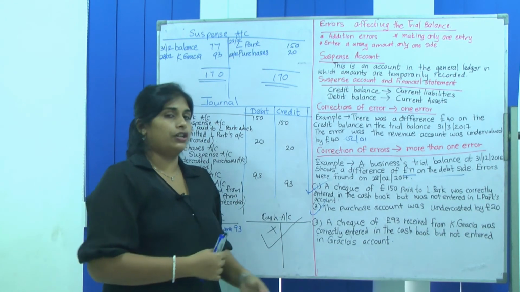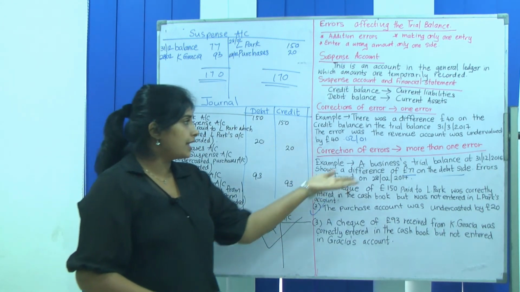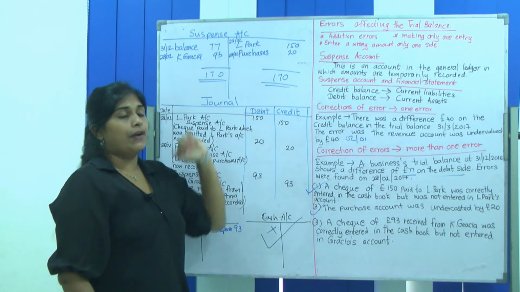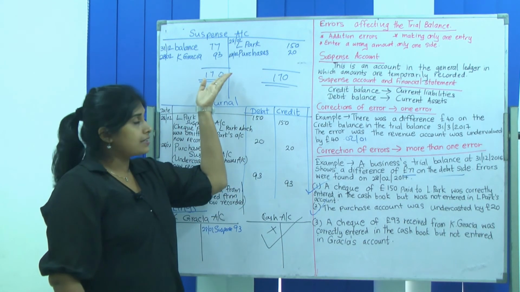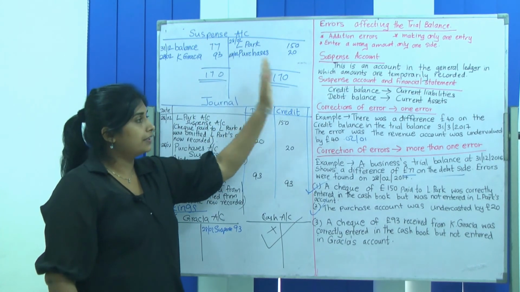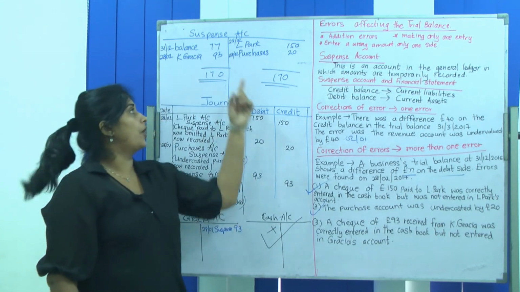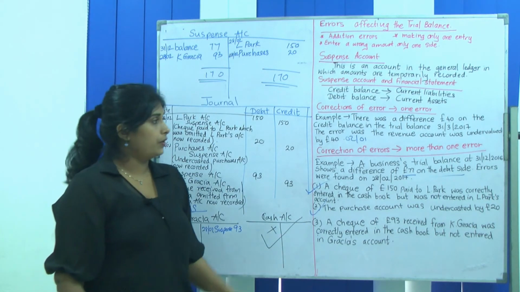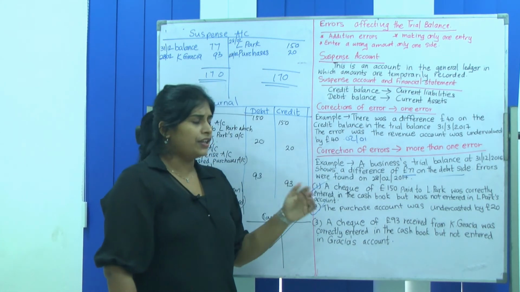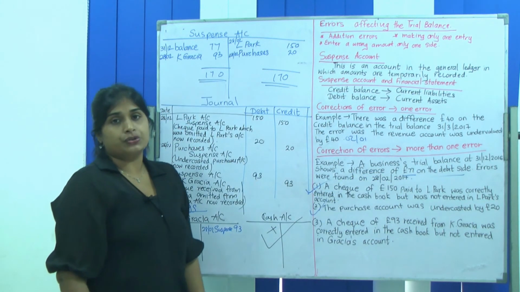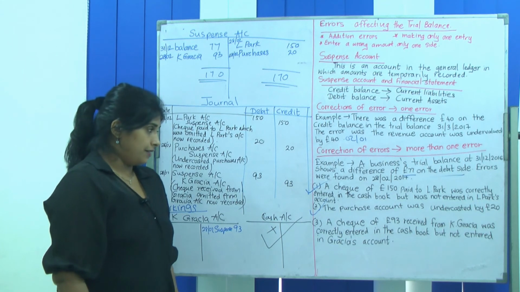It differs according to the sums, but as soon as they give you the suspense account, the first step is to open a suspense account and enter the shortage. If the shortage is on the credit side, you credit it to the suspense account. If the shortage is on the debit side, you debit that amount to the debit side of the suspense account.